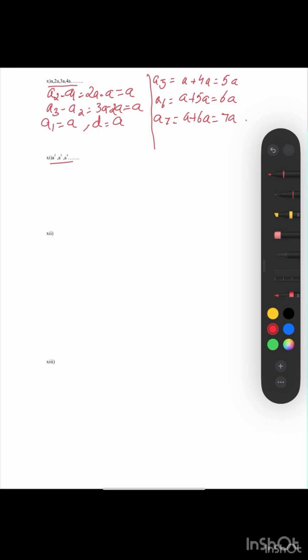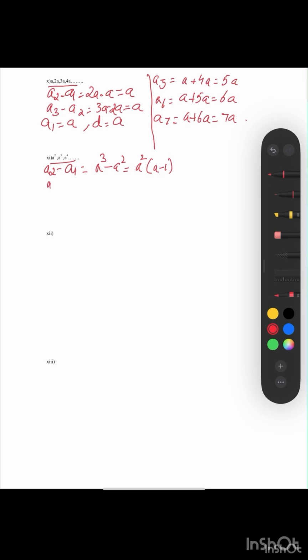Let us check whether the difference is the same or not. a2 minus a1 will become a to the power 3 minus a to the power 2. But we have to check whether the series is in AP or not first. Here we can take out a raised to the power 2 common, so in the bracket we will be left with a minus 1.